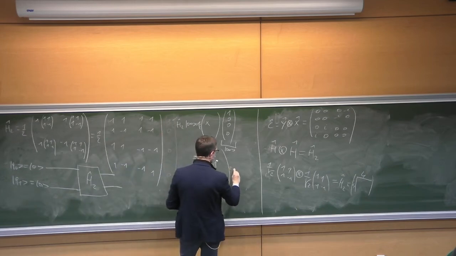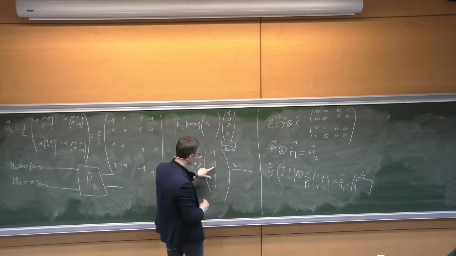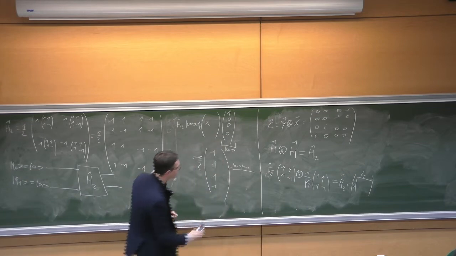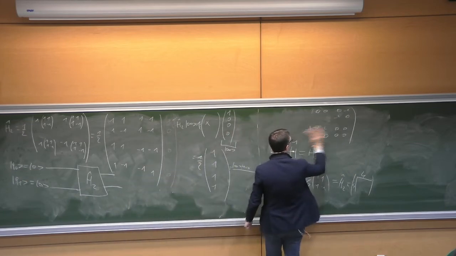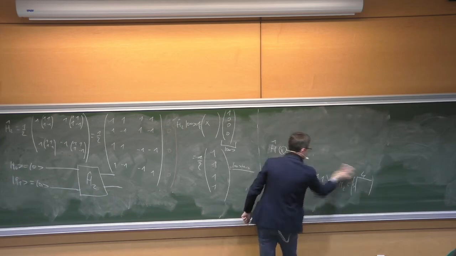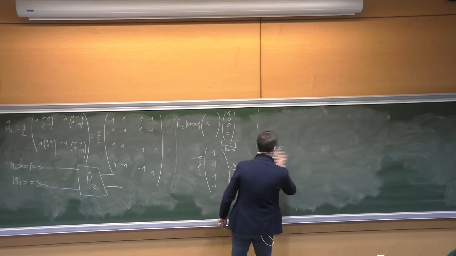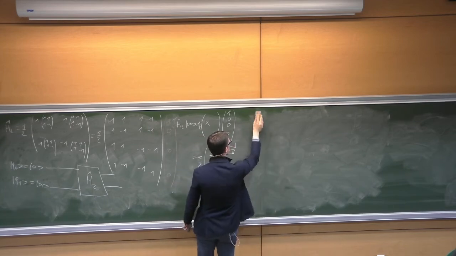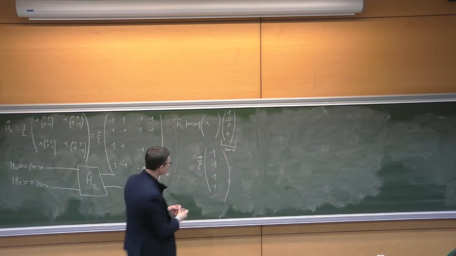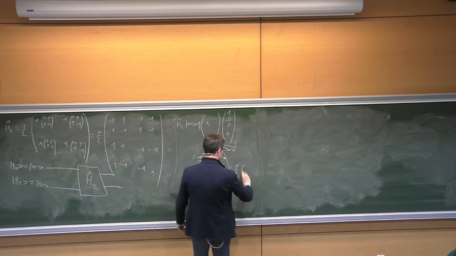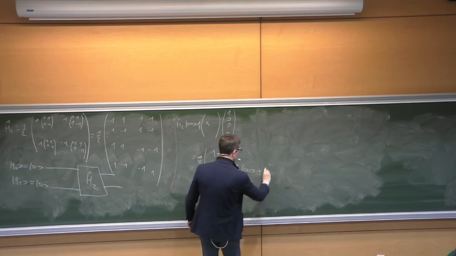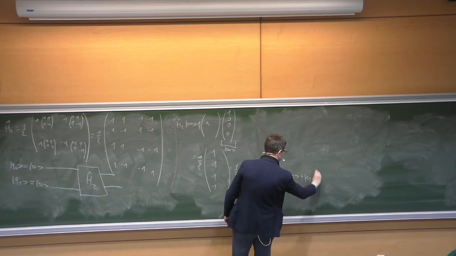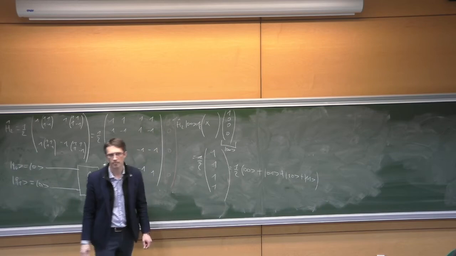And so effectively, I do have |00⟩ plus |01⟩ plus |10⟩ plus |11⟩, all times 1/2. Here we go. Okay.